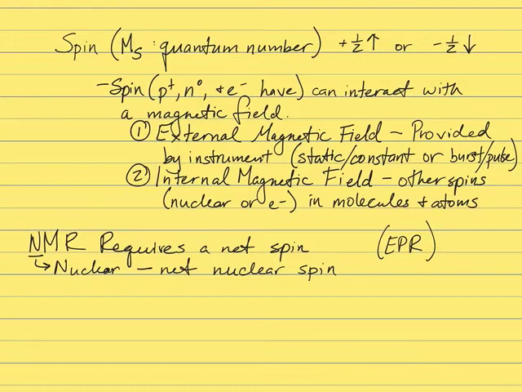The nucleus contains the protons and neutrons. To have a net nuclear spin, we need to have an odd number of protons and neutrons.